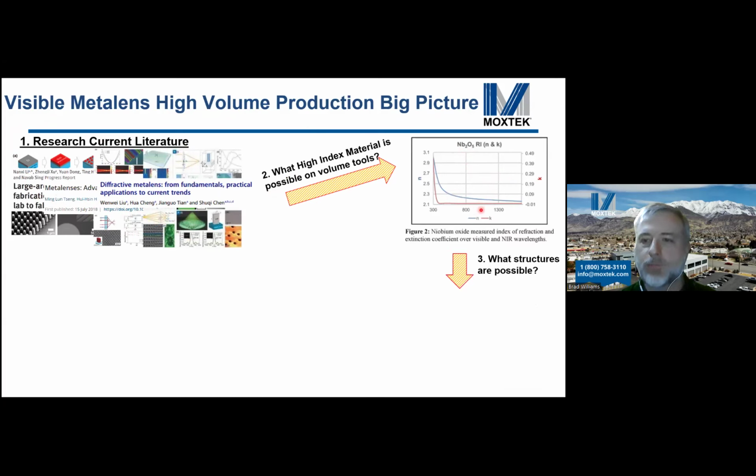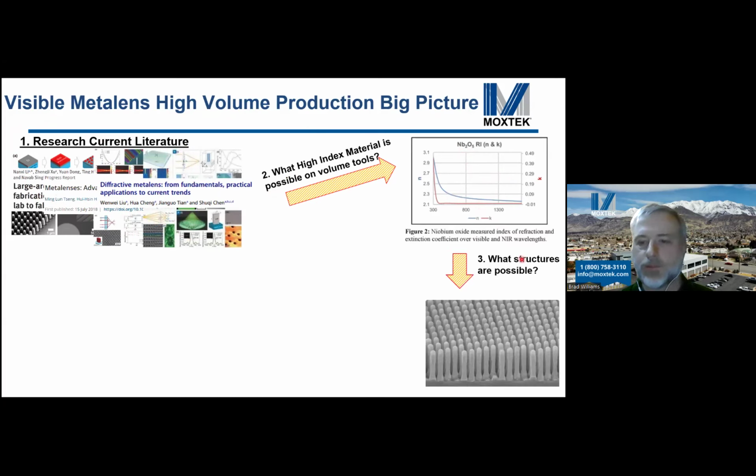Anyway, then the next step is, what possible structures can you make from this material? So we did a lot of test structures where we're making really tiny pillars with really small gaps. These pillars are actually 57 nanometers wide or somewhere in that neighborhood, and the gaps are even narrower, about 40. And then once you can build a process to make these structures, you have to design visible meta devices.